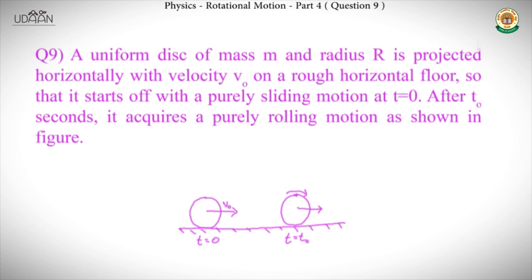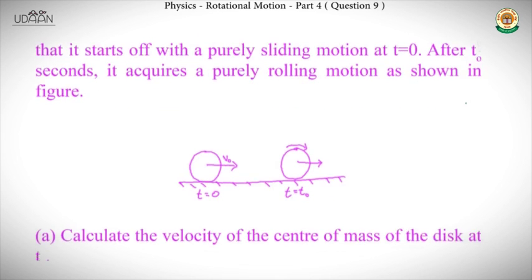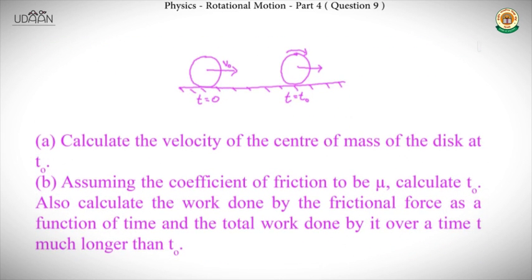We need to calculate the velocity of the center of mass of the disk at time t0, and in part B, we need to find the time t0, and the coefficient of friction has been given to us as mu. Also, we need to calculate the work done by the frictional force as a function of time and the total work done by it over a time t, which is much longer than t0. So let's see the solution to this question.